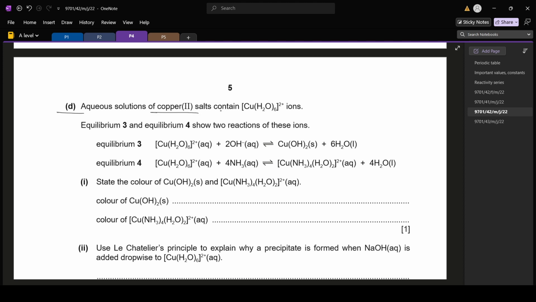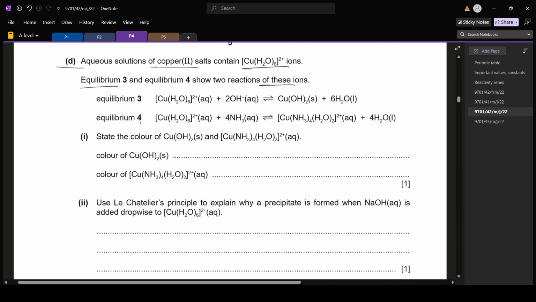Aqueous solutions of copper 2 salts contain this complex of copper. Equilibria 3 and 4 show some reactions of these ions. State the color of this copper 2 hydroxide and this complex of copper. You have to remember the tests of the copper 2 plus ion with NaOH and ammonia.